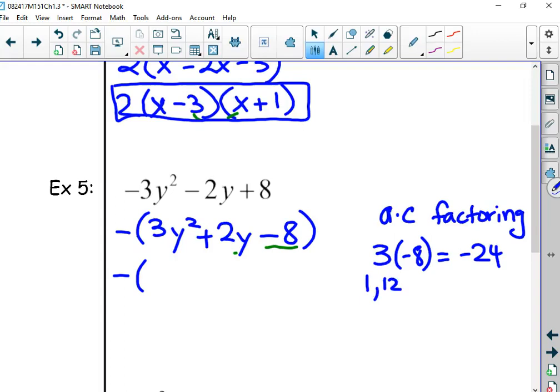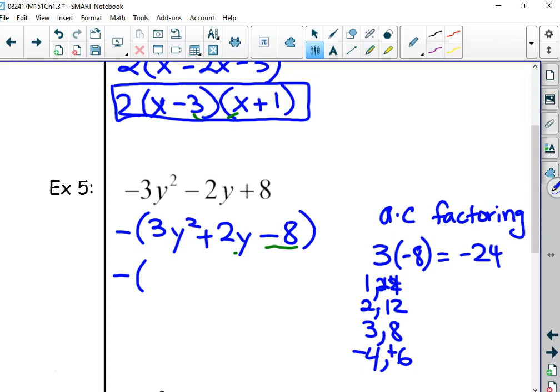That gives me a difference of 11. 1 and 24. 2 and 12, that difference will give me 10. 3 and 8, that difference, if one of them's negative, will give me 5. 4 and 6, all right, it took me a while to get there. I'm hoping you got to 4 and 6 faster. So we need a -4 and a +6 to give us a +2.